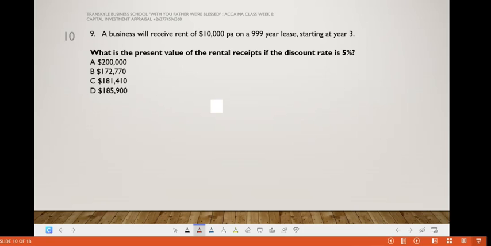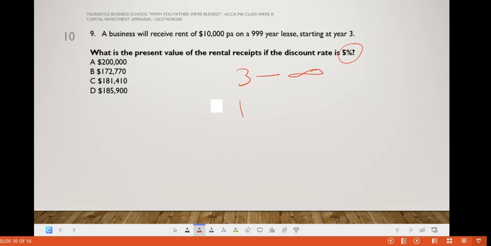So what it means is the income is like this. It is starting from 3 years to infinity. So we need to determine at the rate of 5% what could happen if the income was starting from year 1 to infinity.